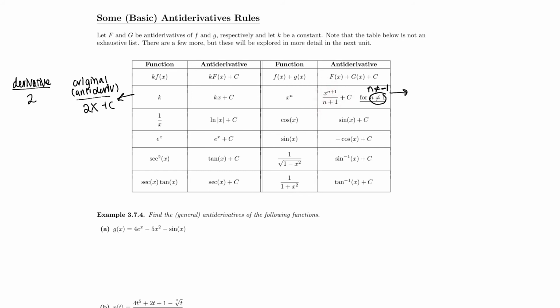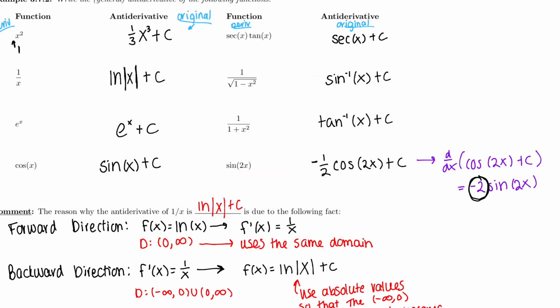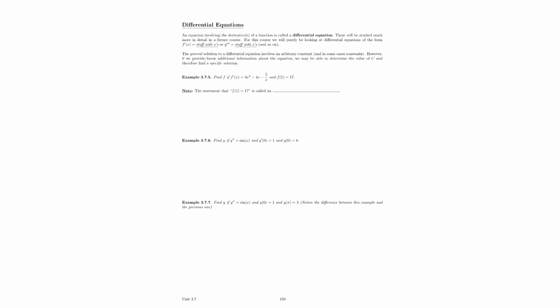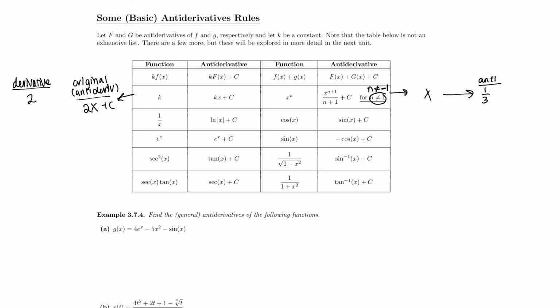So the way that this one is written here, if you think about, we had x squared, and his antiderivative was 1/3 x cubed. 1/3 x cubed is the same thing as x cubed over 3, and it doesn't matter which of these ways you write it.